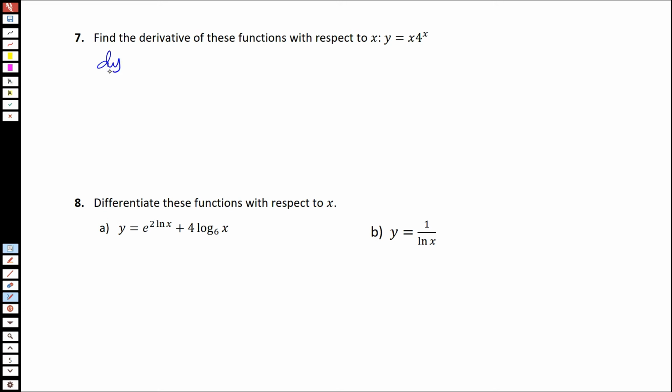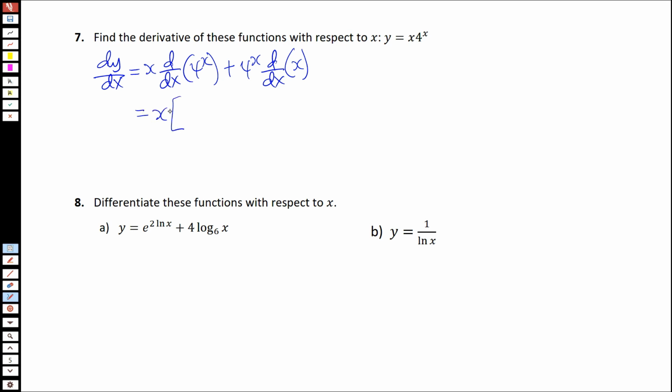So dy over dx will be equal to x multiplied by the derivative of 4 to the power x plus 4 to the power x multiplied by the derivative of x, and this will be equal to x multiplied by, now applying the rule that I've just shown you, 4 to the power x ln 4 plus 4 to the power x multiplied by 1.